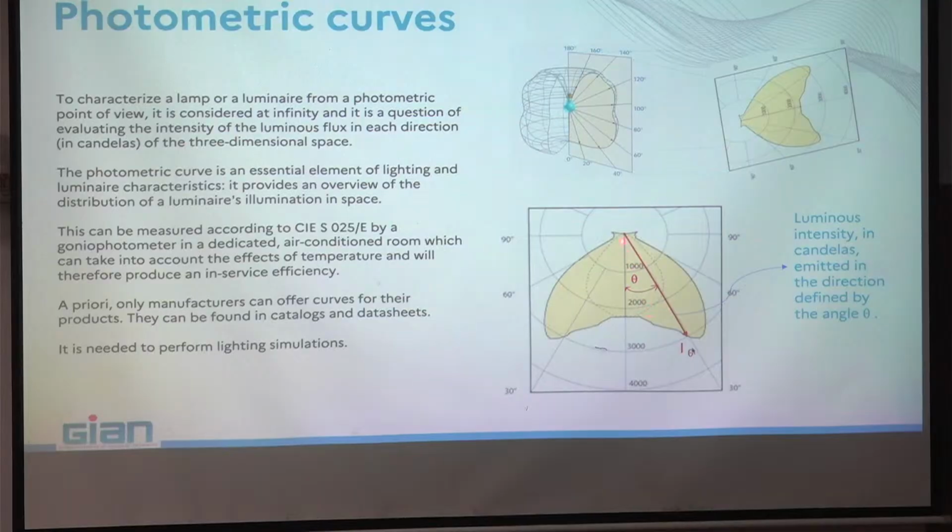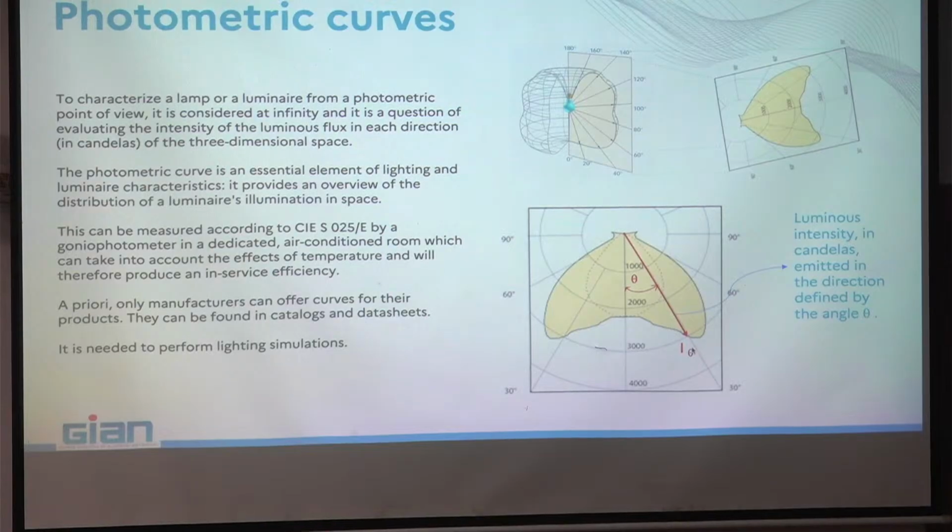In fact, 1000 is candelas, 2000 candelas, 3000 candelas, 4000 candelas. If you take a ruler and measure the distance from there to there, that is equal to 1000 candelas, and you have your calibration. Then if you measure from there to there in the direction of 30 degrees, you find here 3000 candelas.